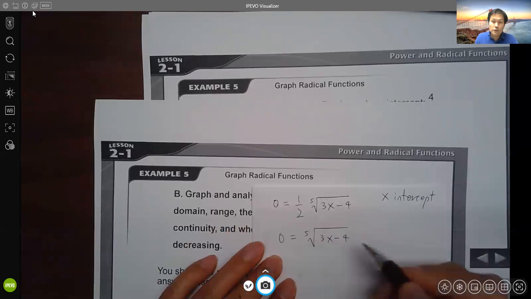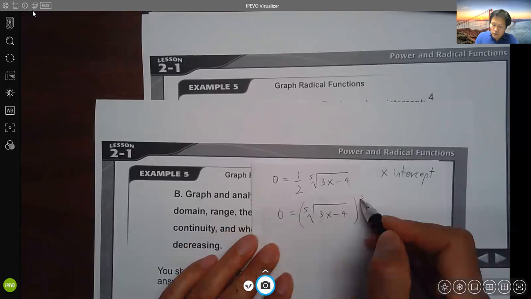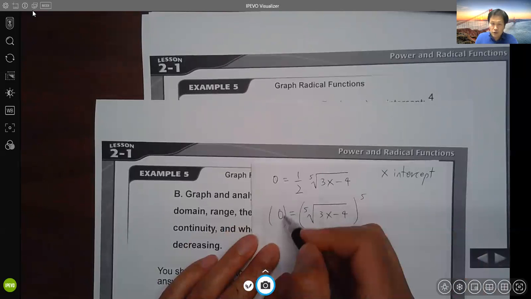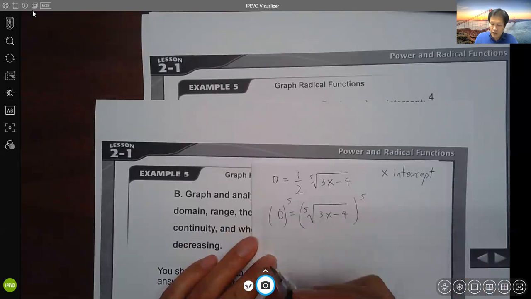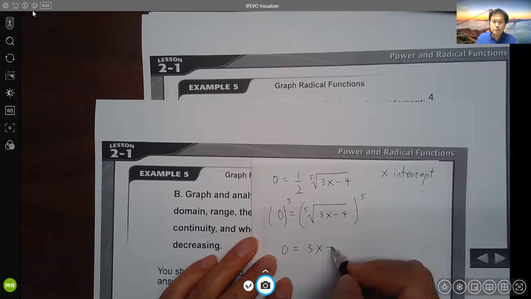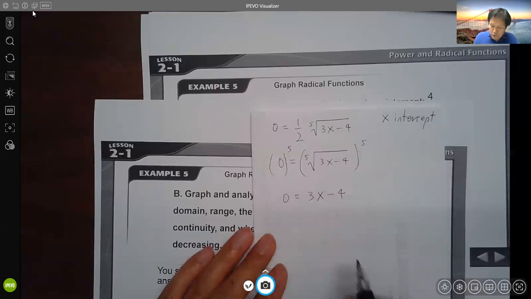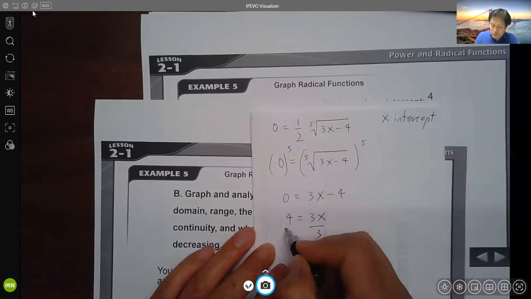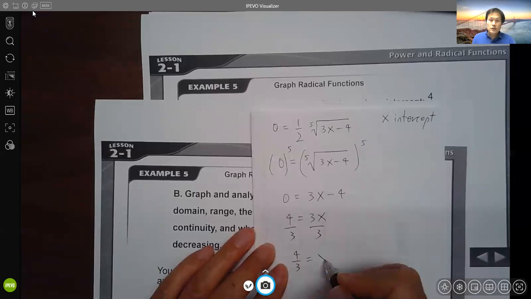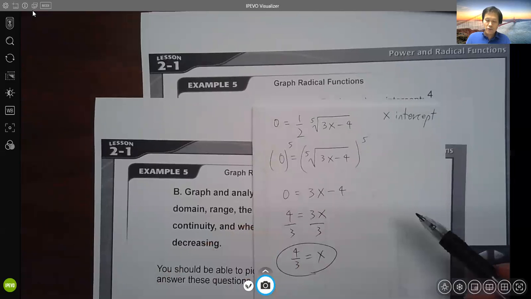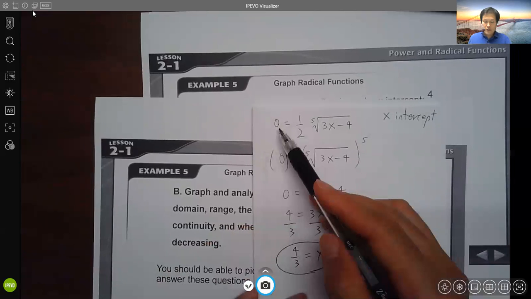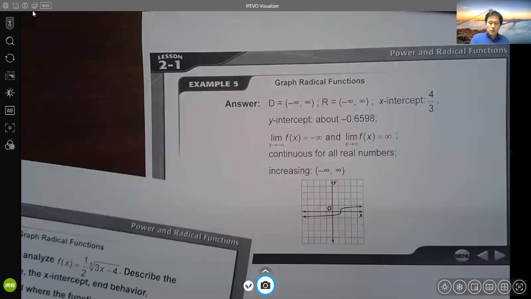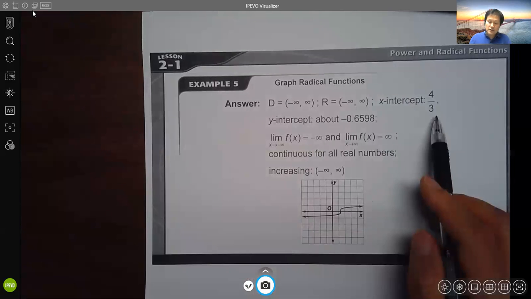How do you get rid of the fifth root? You take a fifth power, 0 to the fifth power, 0 times 5 times, it's got to be 0. Fifth power, the fifth root disappears. Solve for x, plus 4 on both sides. Divide by 3, divide by 3, 4/3 is x. So that's how you find the x-intercept. Plug in y is 0, solve for x. So you got the x-intercept.